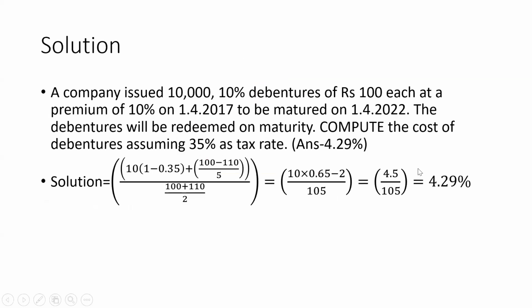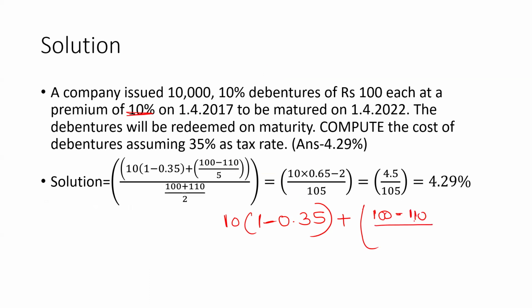So since this is a redeemable debt instrument, the 10 rupees is your interest rate into 1 minus 35%, which is your tax rate, as per the formula. Then your face value is 100. It is mentioned that it will redeem at 10% premium, so your net proceeds would be 110 rupees.